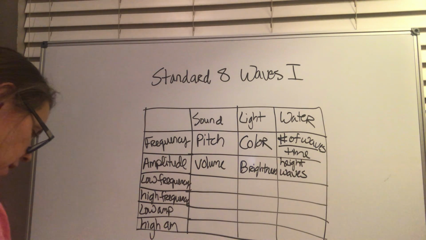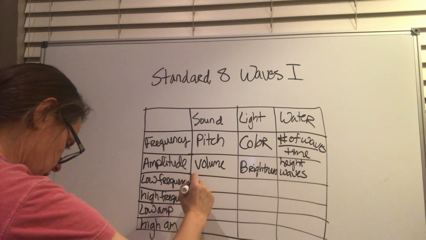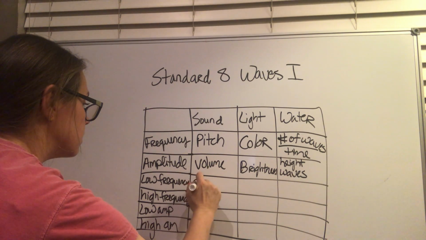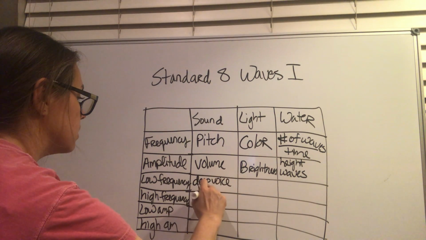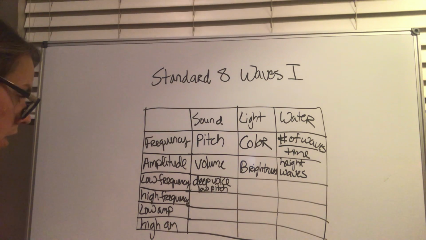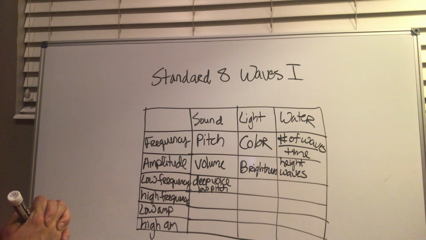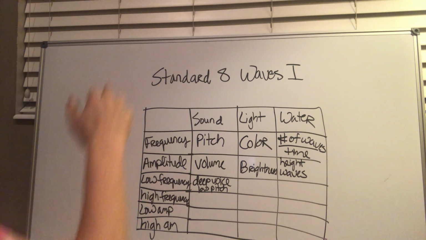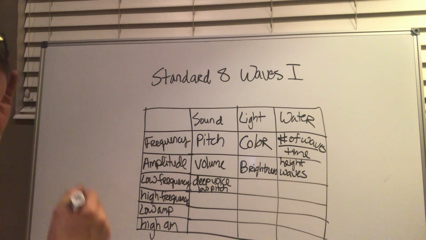Okay, low frequency sound is basically a deep voice, or low pitch, a low pitch deep voice. And we practiced that when we did our sound labs, deep voice, right? And with those boom whackers, some of them were the longer ones that were more low pitched than the shorter ones.